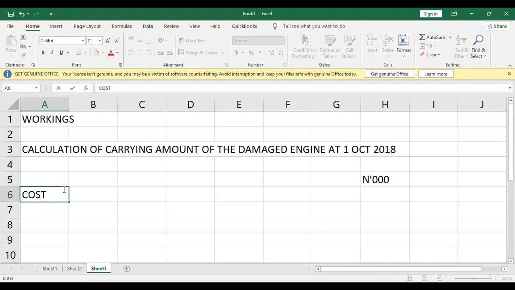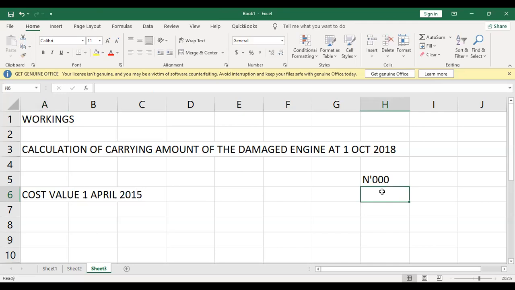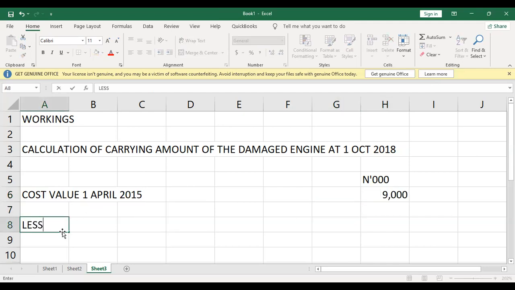So the cost value as at 1st April 2015, we said is 9 million because it was bought at 9 million each. And less accumulated depreciation.